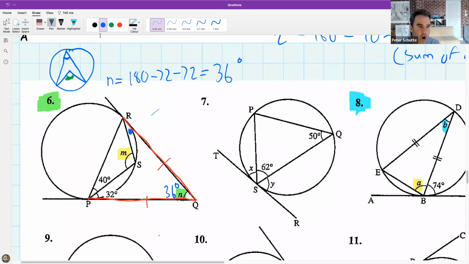We do know that the whole of this angle is 72 from earlier on, right? So we know that whole angle is 72, but what I'm very interested in is, can we figure out what that blue dot is there in the corner? Would anybody like to come and explain how they got that blue dot?